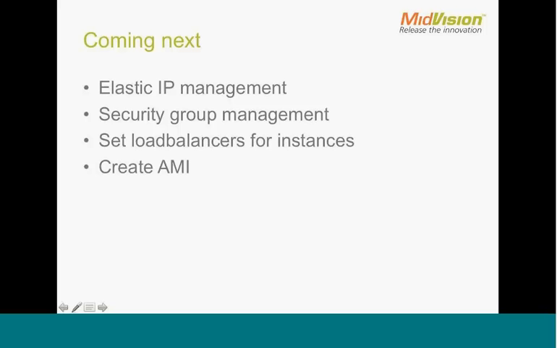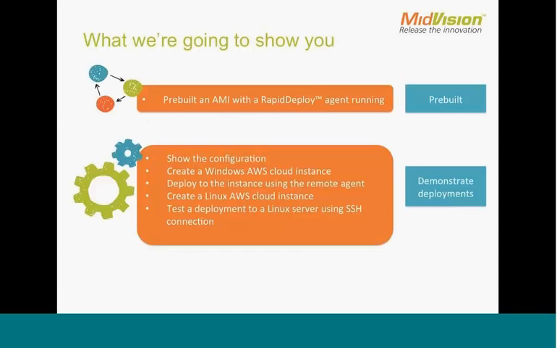We have already scheduled version 2 of the AWS plugin, which will add some more very useful features like managing elastic IPs, managing security groups, setting a load balancer for instances, and also creating an AMI of any instance we have. So next I will show a quick demo of the plugin. I have some previously configured settings.